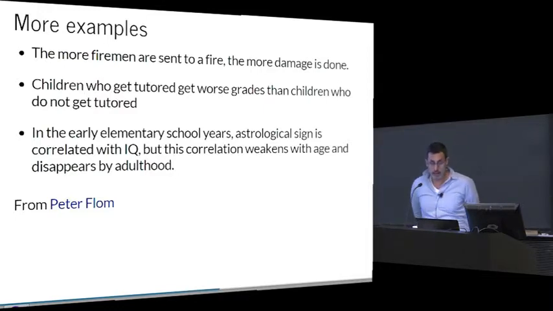The second one is also, I think, a cause and effect reversal. Children who get tutored get worse grades than children who do not get tutored. Right, so there was a New York Times article on a similar topic that was recommending, I couldn't believe they published this, although in their defense it wasn't an article, it was an opinion piece, that you shouldn't help your kids with their homework.